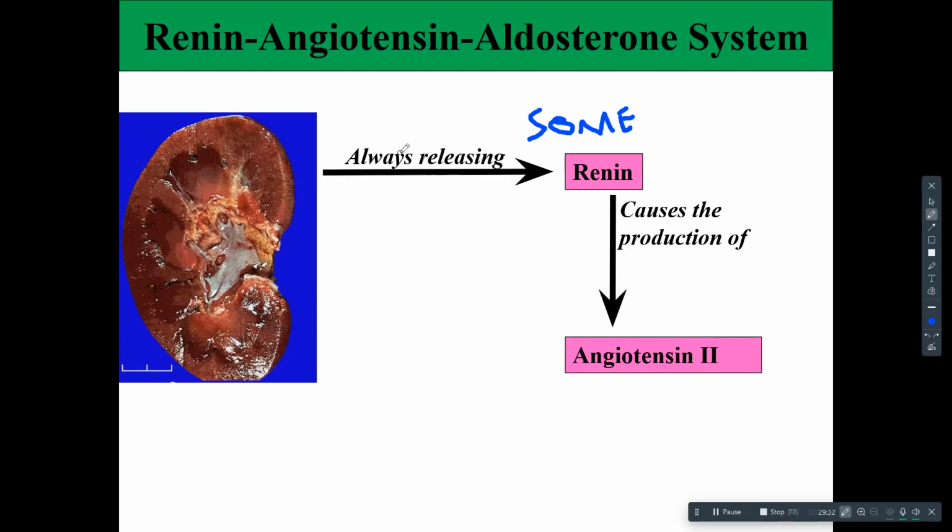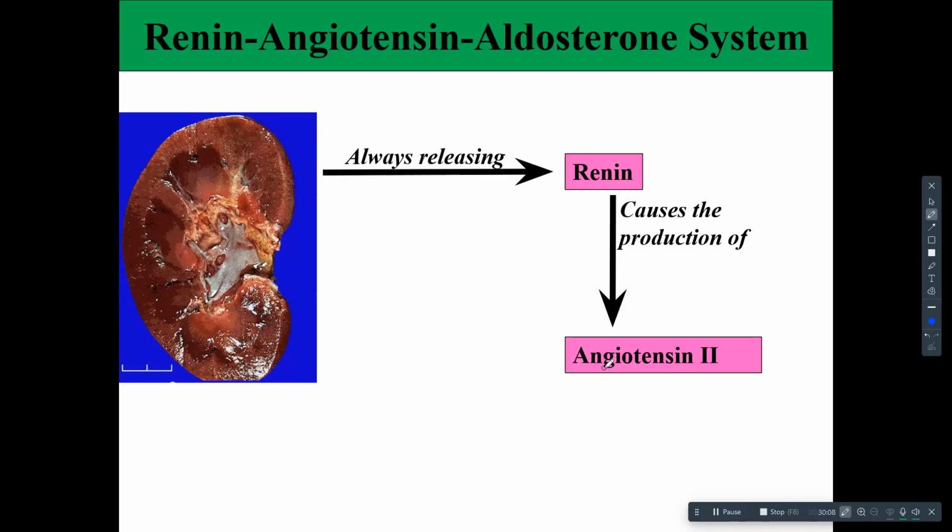So your kidney is always making some renin, which is always causing you to produce some of another chemical called angiotensin II. Now, what's the advantage of always making some? Well, if I'm always making some, I can then make more, or I can make less. I can go in either direction, and that's good for control. Look at this name.